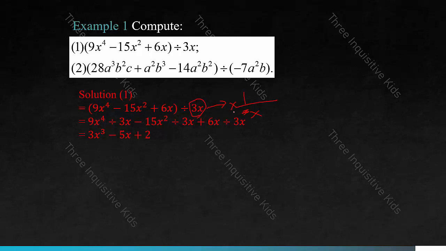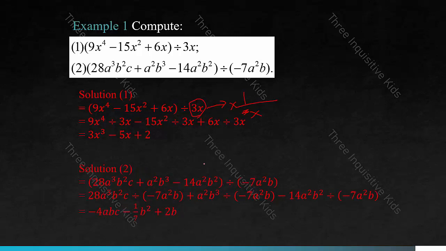So now we're dealing with multiplication, and then you can apply the distributive property of multiplication. And then we divide each term separately to get 3x cubed minus 5x plus 2. The solution for problem 2 would be to apply the distributive property of multiplication again, and we're left with negative 4abc minus 1/7 b squared plus 2b.